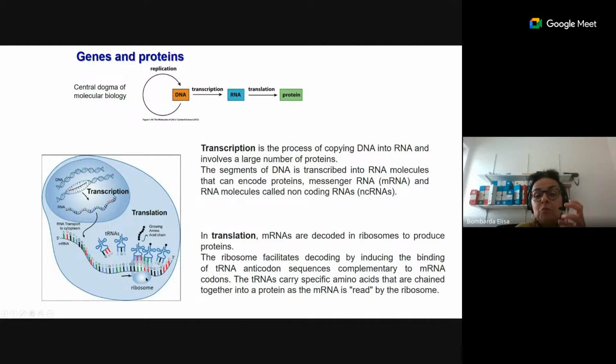The ribosome keeps everything together and facilitates the decoding by inducing the binding of tRNA. There are several types of RNA. One brings the message, and the other has the anticodon, which is complementary to the codon present in the mRNA.